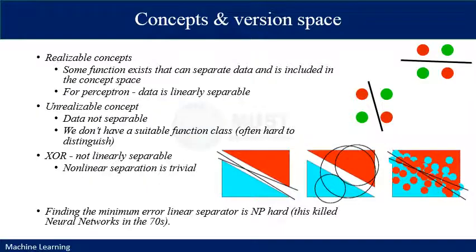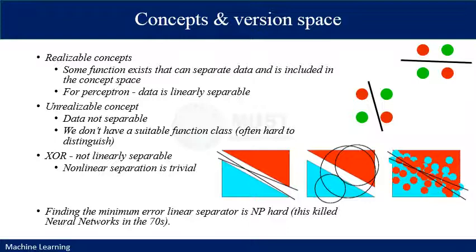Here are some further points about linearly separable and inseparable data points. Additionally, there are some realizable concepts that you are able to learn from the model by distinguishing different data values. Therefore, some function exists that can be used to separate the data, and it is included in the concept space.